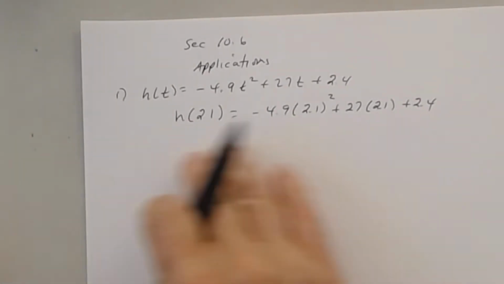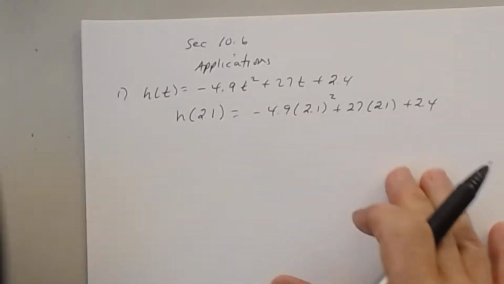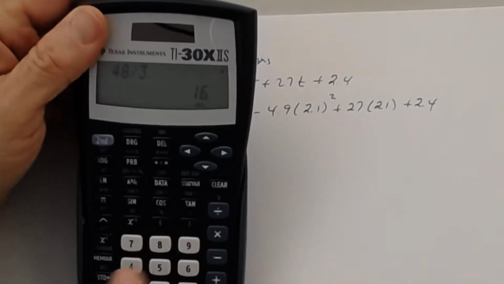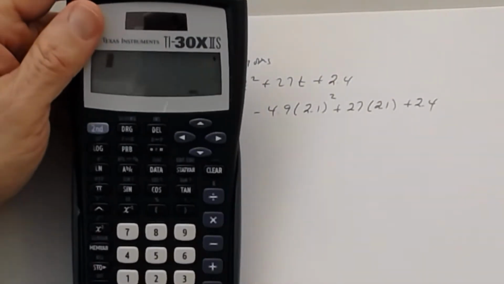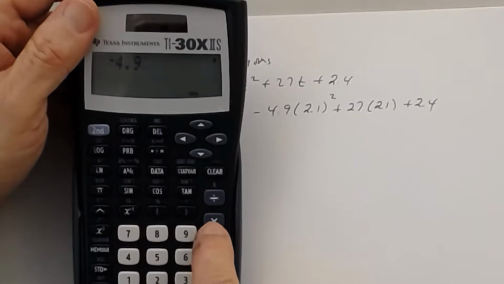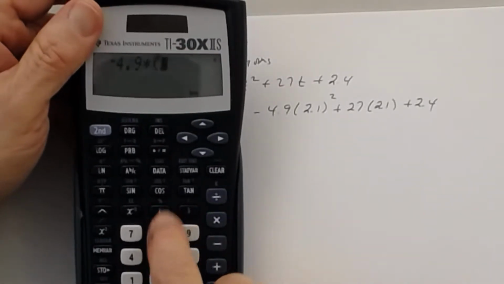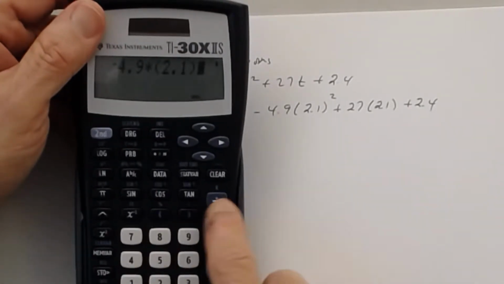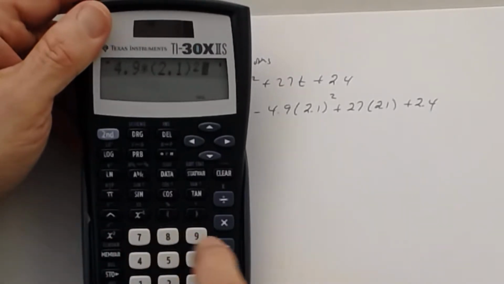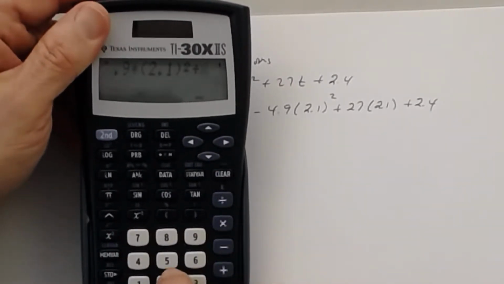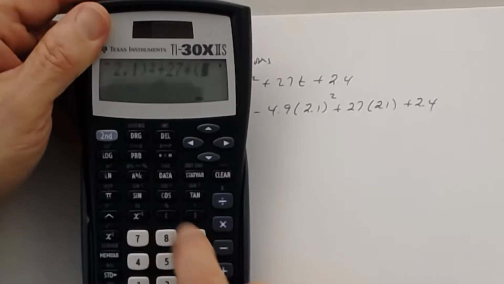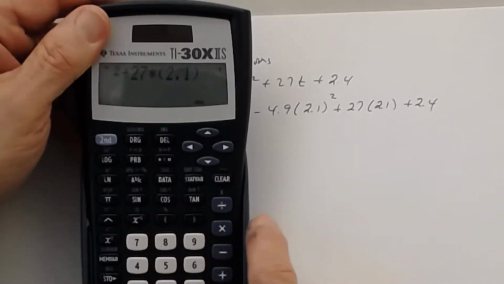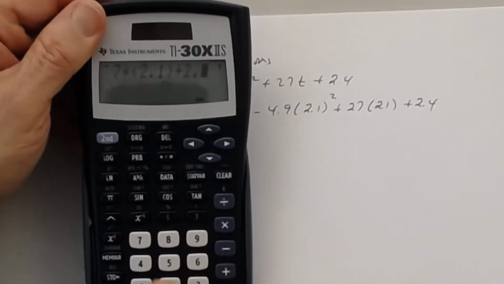Now let's use a calculator on this. As you read it, you type what you see. So I get negative 4.9 times, in parentheses, 2.1, and that's being squared, plus 27 times, in parentheses, 2.1, close the parentheses, plus 2.4.